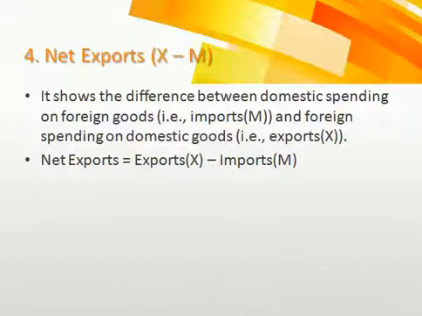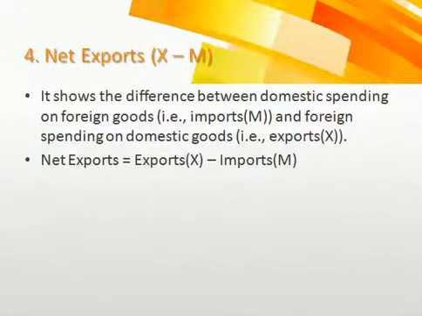So the requirement of crude oil is very high, and as per my knowledge, exports minus imports has been negative for many years in India. So net exports in India are always negative. The term used for this is trade deficit. Trade deficit is always negative for India.